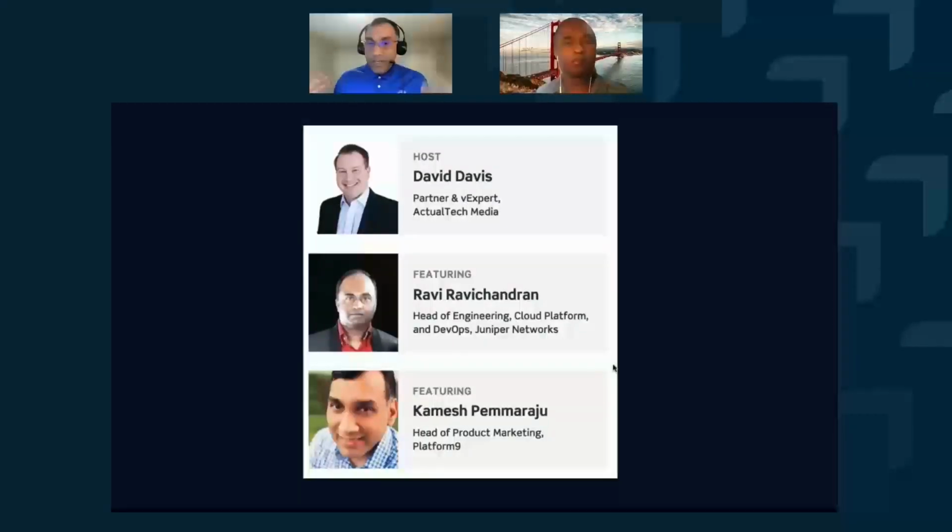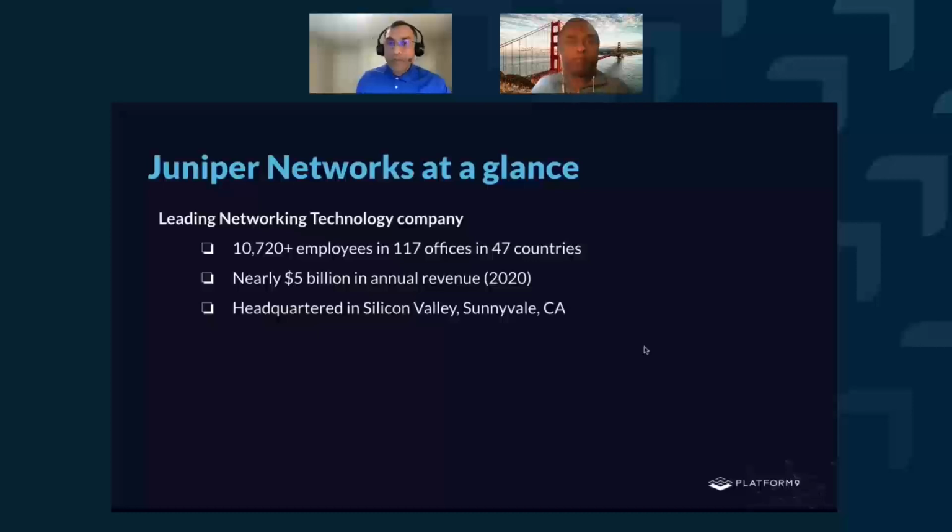So real quick, my name is Kamesh Pemaraju. I'm the head of product marketing here at Platform9. And today we will be talking about Juniper's journey through their cloud native transformation over the years.